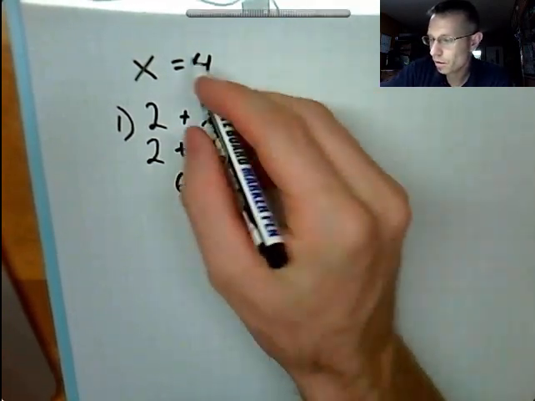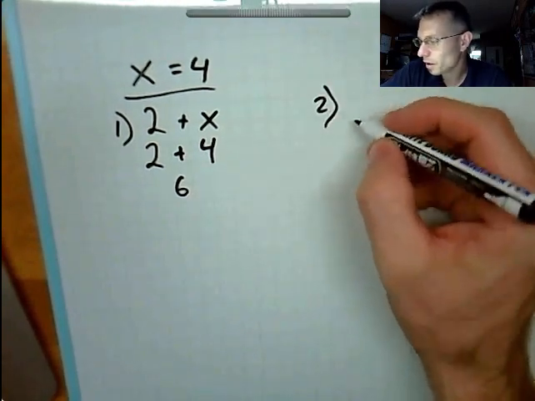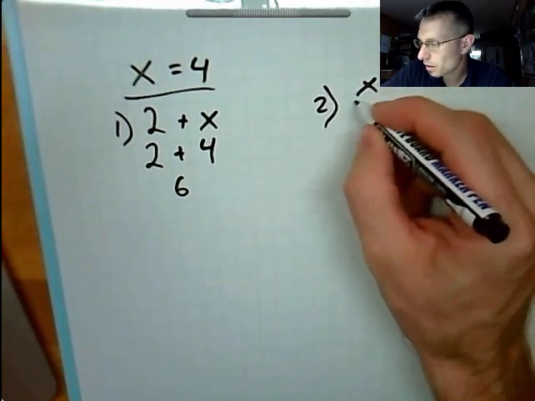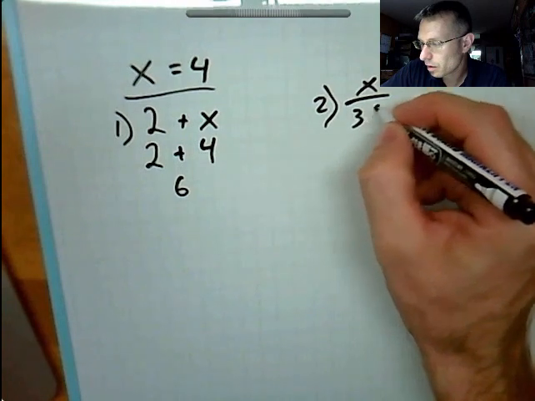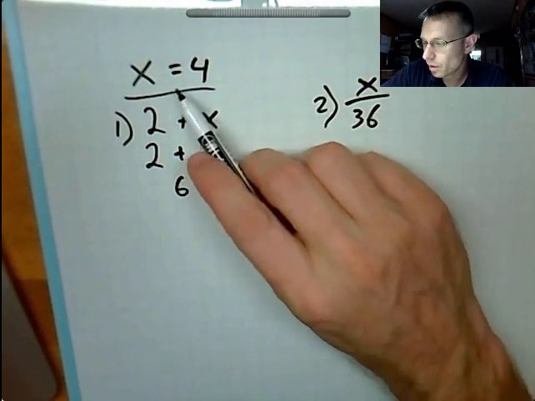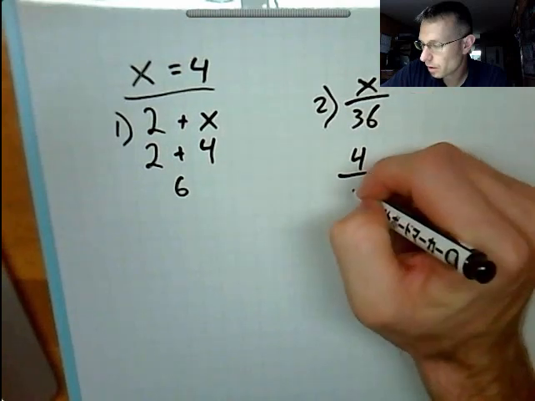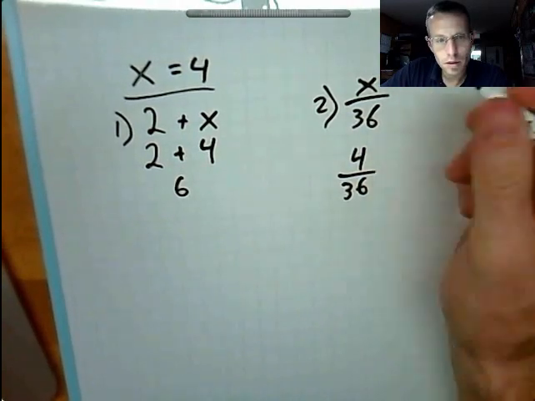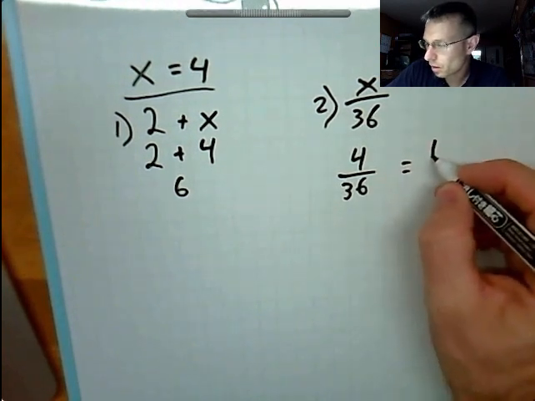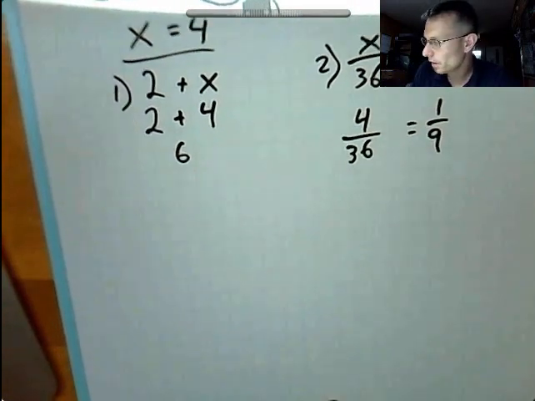Let's do another one. For these examples, we'll always assume that x equals 4. So here we have x divided by 36. We know that x equals 4, so we put 4 in for x, make that over 36, and then we'll solve that to get 1 over 9. That's what that simplifies to.